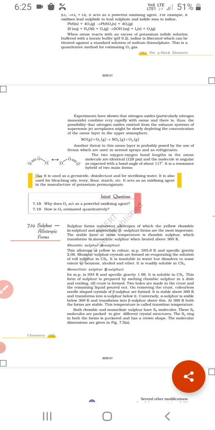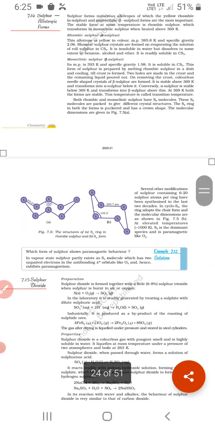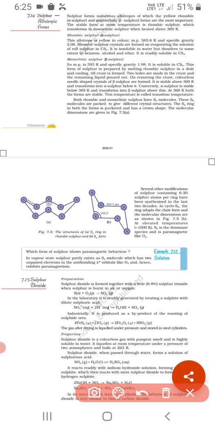The S8 molecule has a shape called the crown shape, in which 8 atoms are joined together forming a crown-like structure.